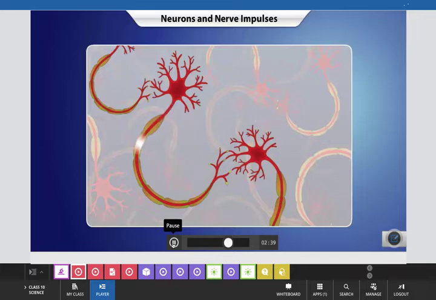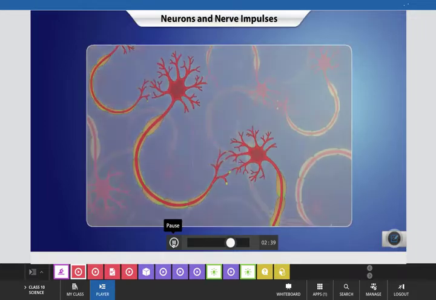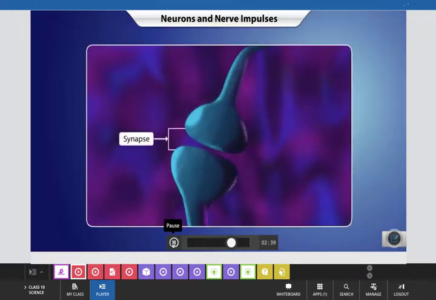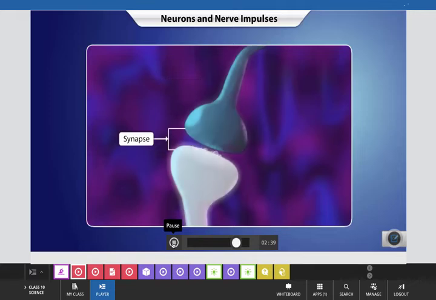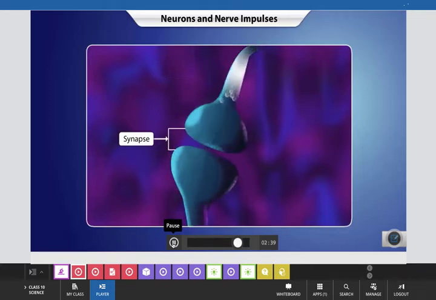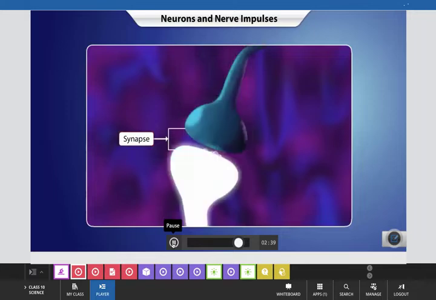What happens when an impulse reaches the end of one neuron and must move to another neuron? The junction or space between two neurons or between a neuron and a muscle is called a synapse. When information reaches the end of the axon, chemicals called neurotransmitters are released into the synapse.